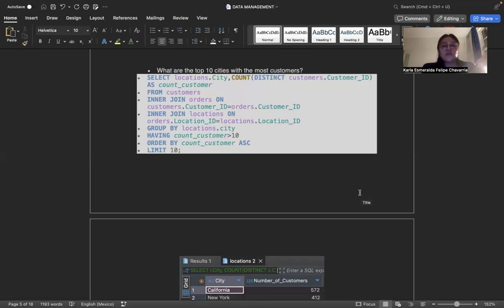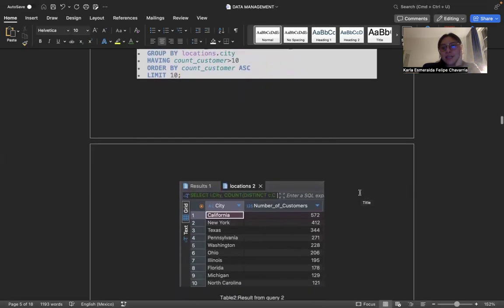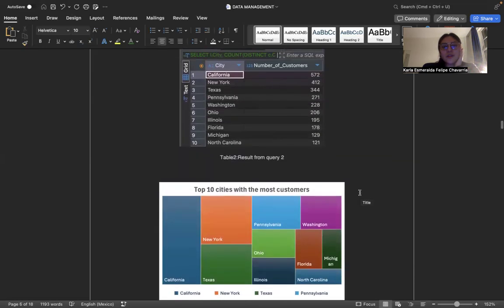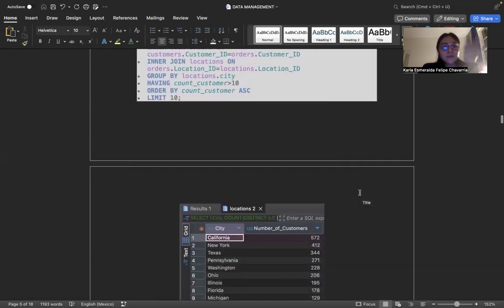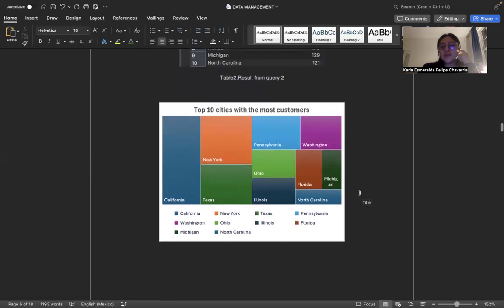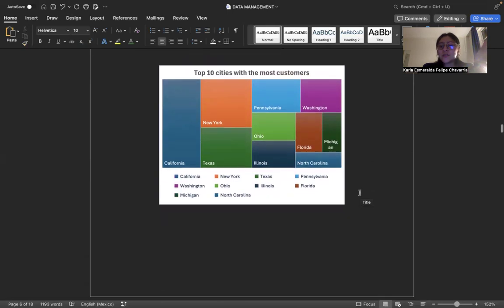So we use the count of customers that we did in the first query, then order everything by the count of customers and limit everything to 10. So here are the cities with the most consumers. The first one is California, and I decided to put this chart because it was more visual to understand.